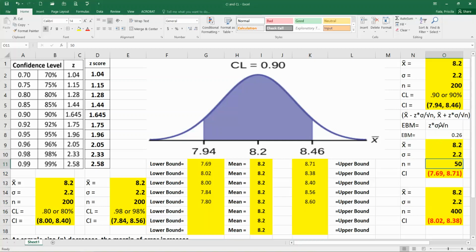Actually, not the same margin of error. And look what happened. I decreased the sample size and I went further from the mean. I increased my margin of error. Right here, oh, look what happened. When I increase my sample size, I decrease my margin of error.